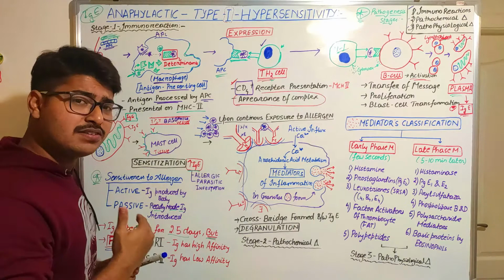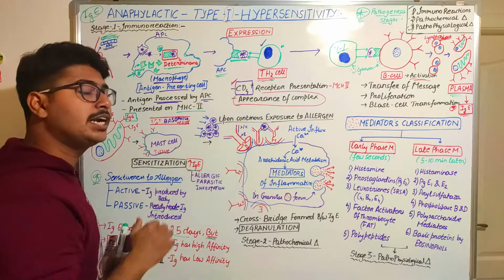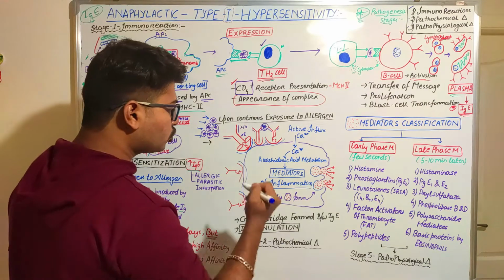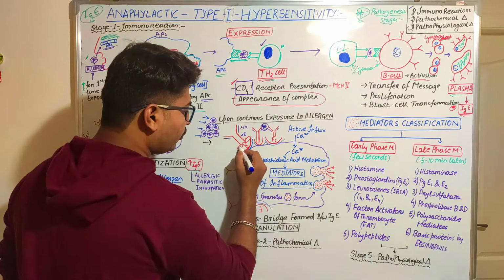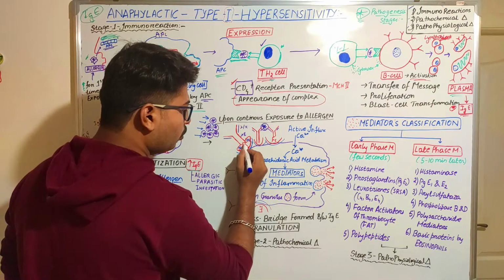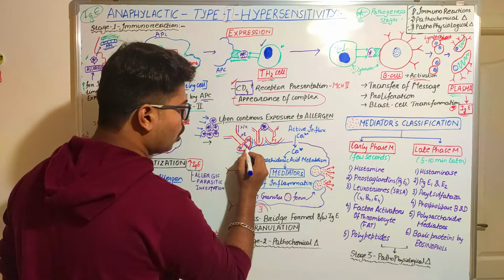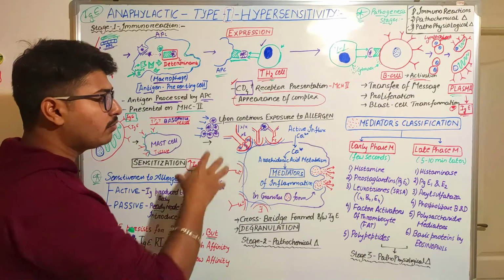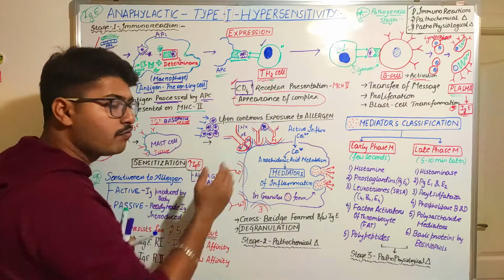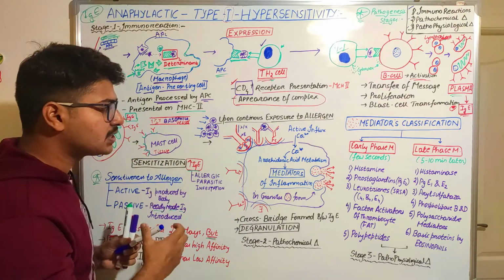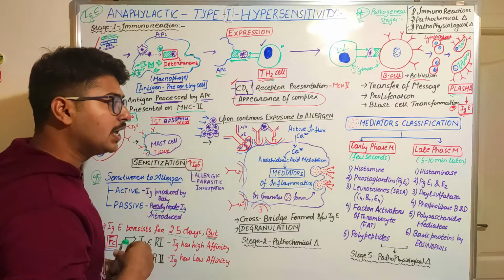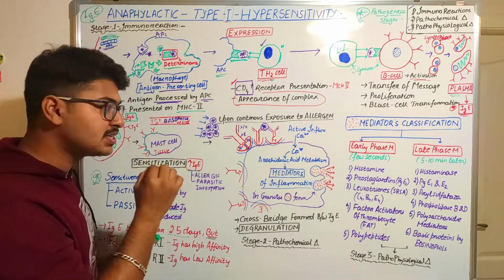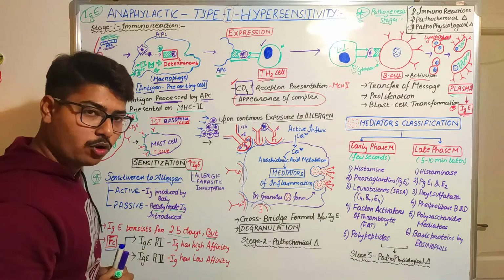They have specific receptivity towards the antibody IgE. They have four structural units: alpha 1, alpha 2, beta 1 and beta 2. When they combine, they form these kinds of receptors. And why are they present? They are present for receiving the specific IgE antibody.